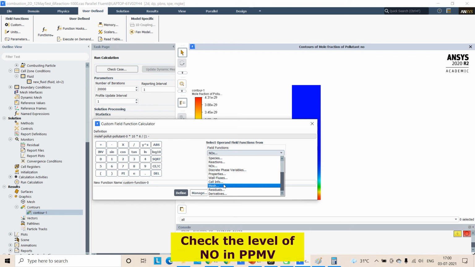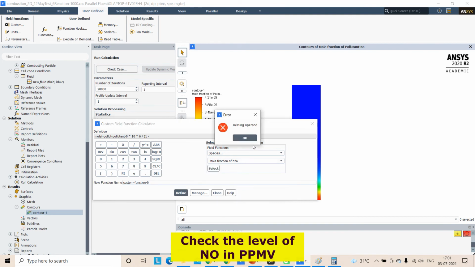That means we can take the dry mixture fraction. We can see in the literature how they define it, but generally they take it based on the dry flue gas composition, 1 minus H2O. Then divide it. Then select it. Then complete the bracket.